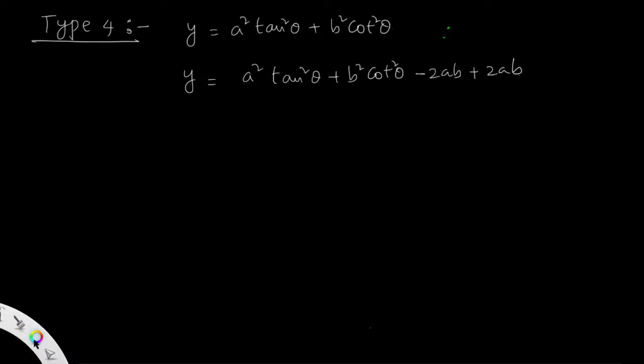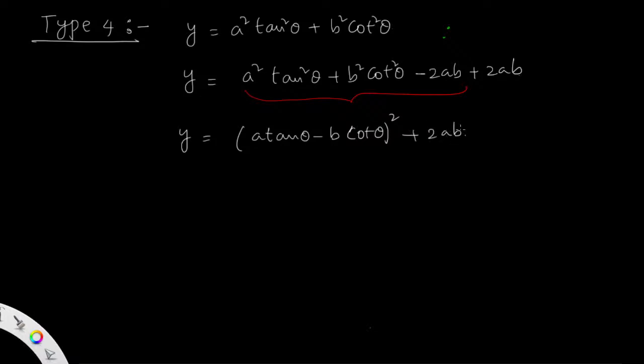Now up to this value, we can change it using the formula as a tan theta minus b cot theta whole square, and then plus 2ab as it is.